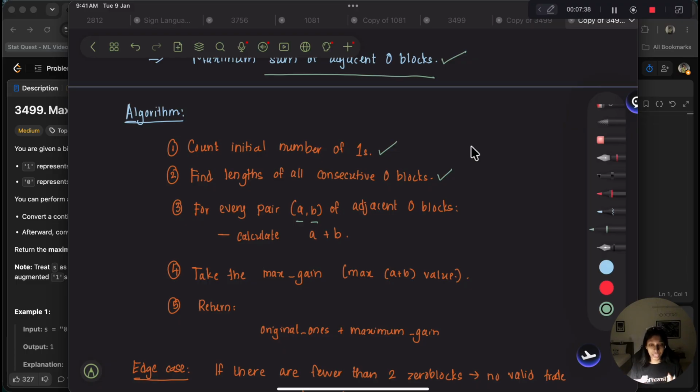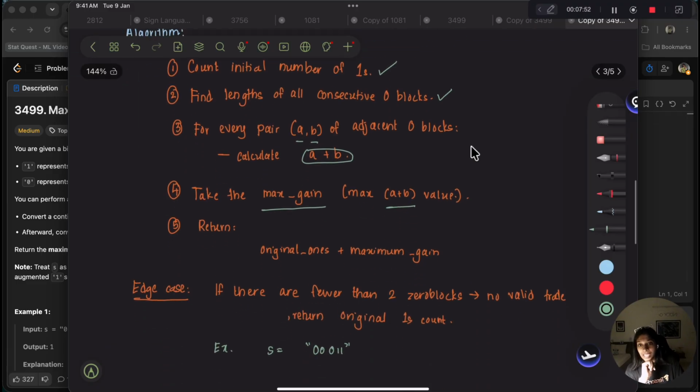Let's say the first one was size A, the second one was size B. Now I'm going to try to maximize A plus B going across all of these pairs. Then I take the maximum gain, the maximum of A plus B, and eventually I will return the number of ones I already had plus the number of zeros that just contributed to my active ones. So original ones plus maximum gain.